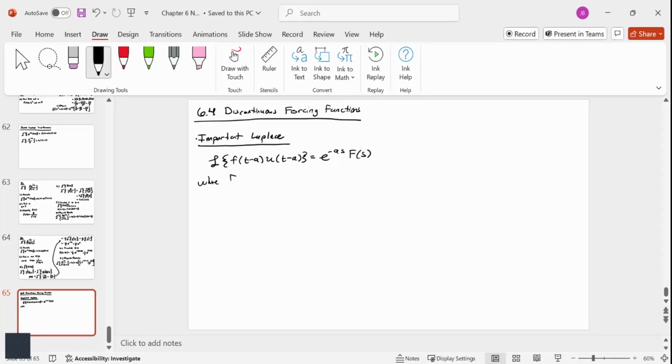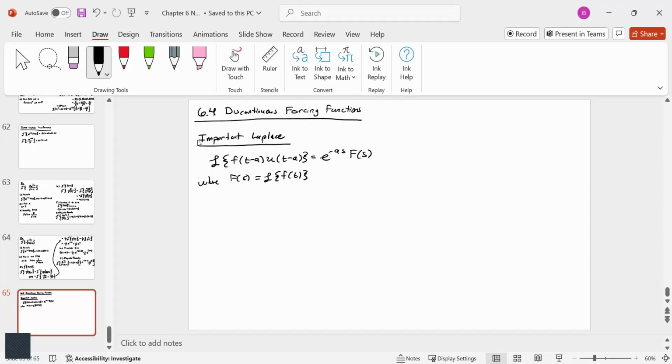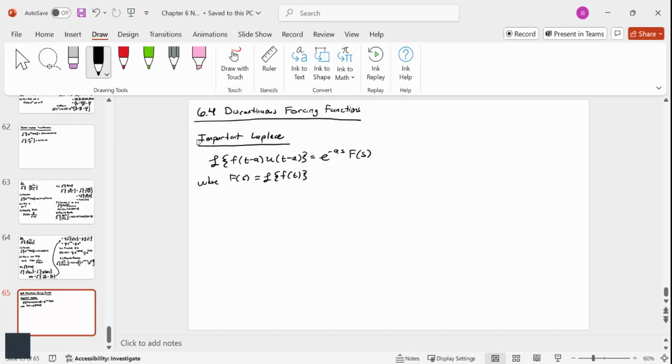Where F of s is equal to the Laplace transformation of f of t. This isn't to say that this is the only one that you need to remember, but I'm telling you right now, because we're dealing with step functions in all of these problems, you're going to use that one pretty much in every single one of them because there's a step function to be dealt with, right? So that's a big one that you're going to want to remember.